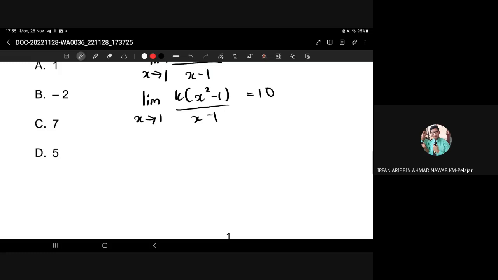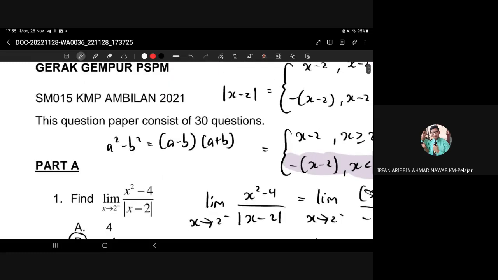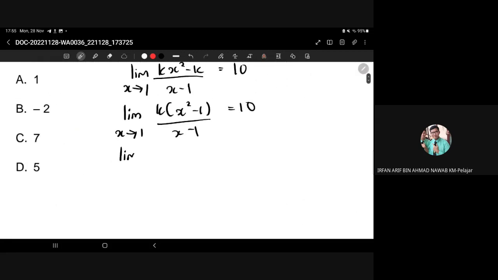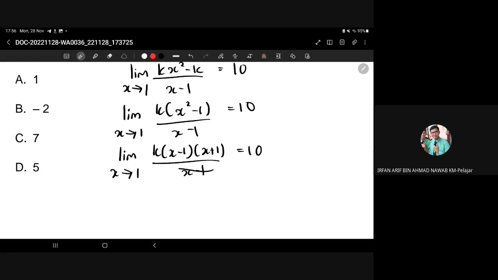So then we could follow the original formula. And then limit as x approaches 1, k, x minus 1, x plus 1 over x minus 1 is equal to 10. So can we solve it? Yes, we can, no problem.